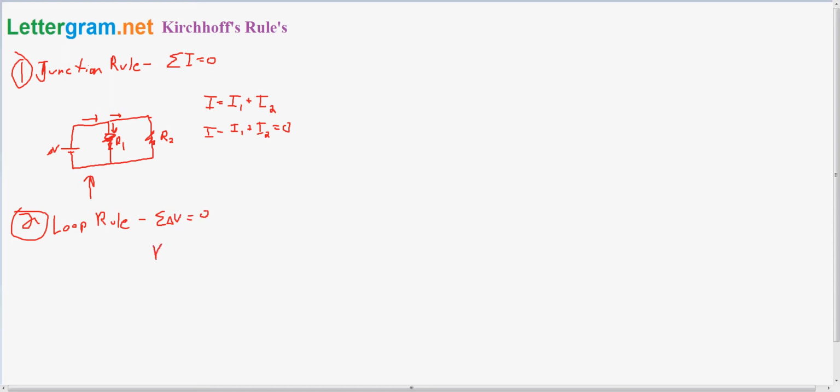So if we have the change of potential has to be equal to the change of potential 1 plus the change of potential 2. Minus them all over. Whoops, that should be a minus. Has to be equal to 0. Might come in handy if you have this.